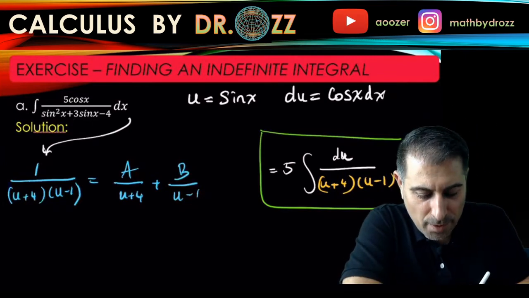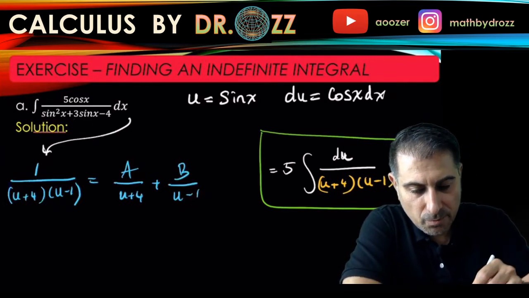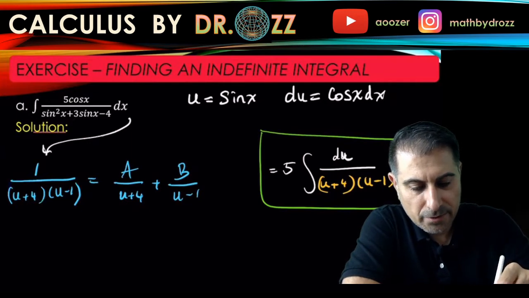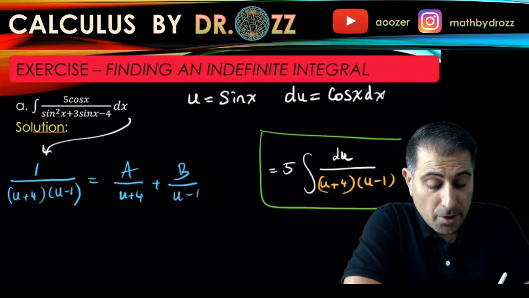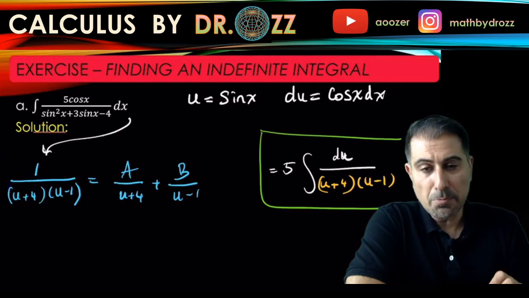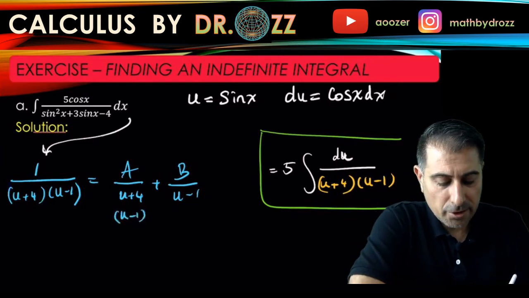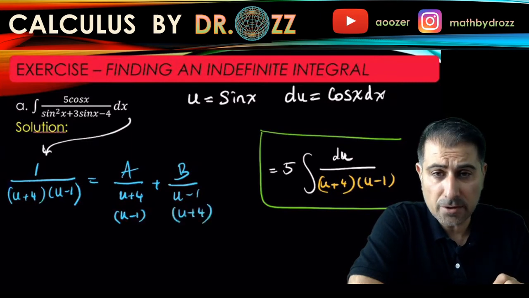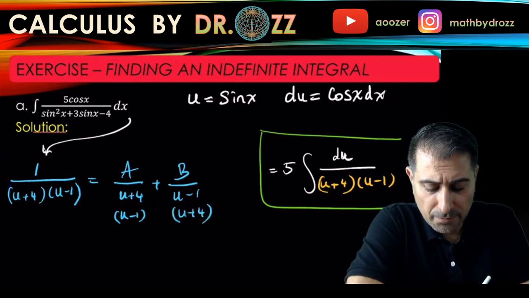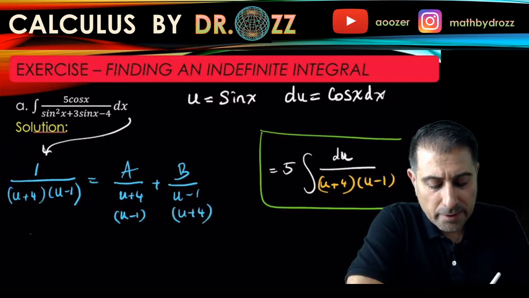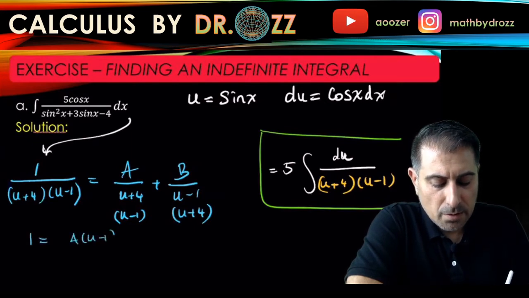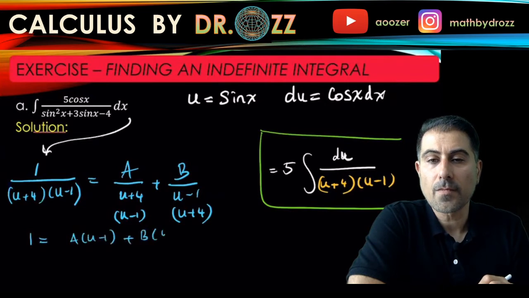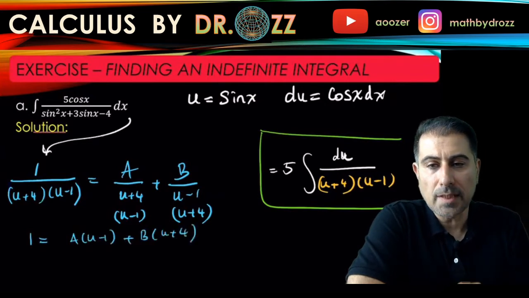So now, before we even write 1, we should probably find a common denominator here. So this is u minus 1, me multiplying top and bottom for that fraction, and u plus 4 for the second fraction. We're multiplying top and bottom so that we equate the numerators, a(u minus 1), b(u plus 4). I'm going to have two sample values here.